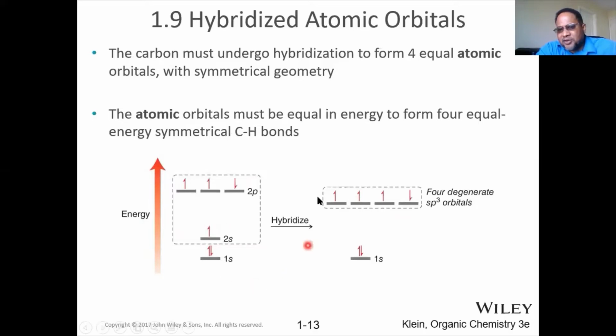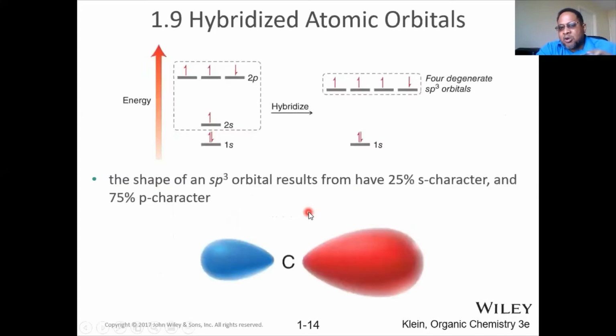If you remember from general chemistry, hybridization is just a mixing of atomic orbitals where you may have a 2s mixing with a 2p, so you end up with 4 degenerate sp3 orbitals, and that kind of explains the shape of an sp3 orbital. It has 25% s character, 75% p character.